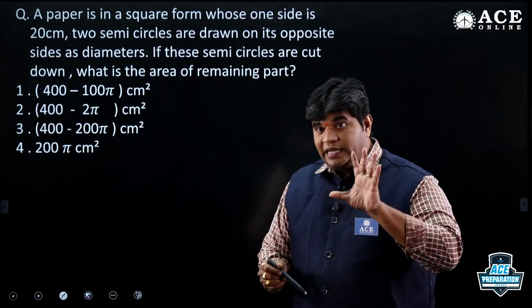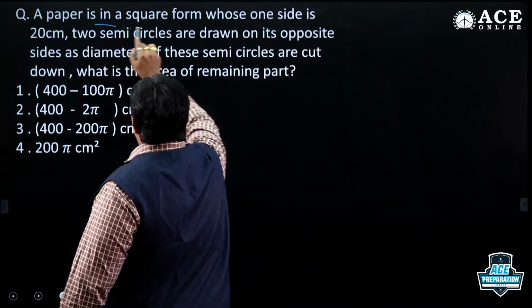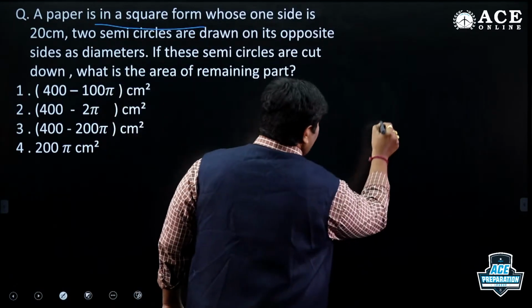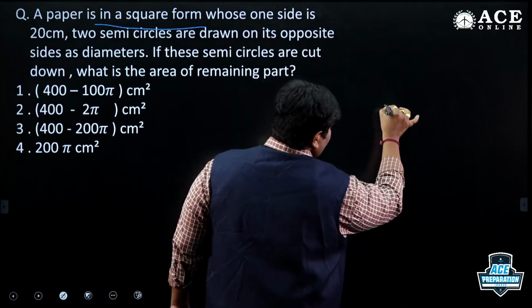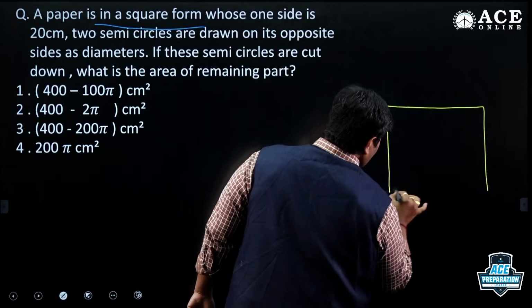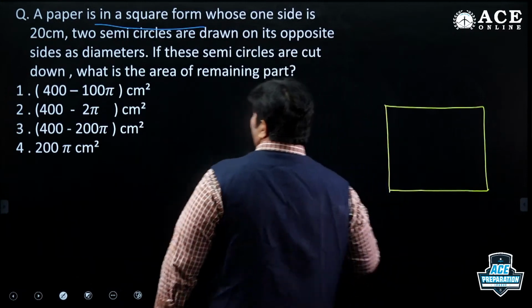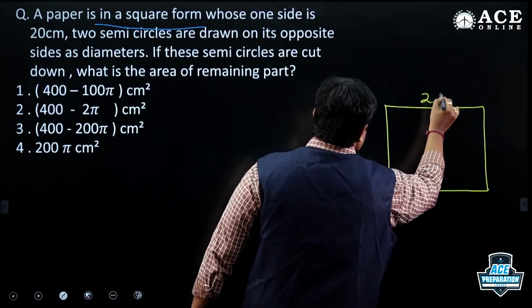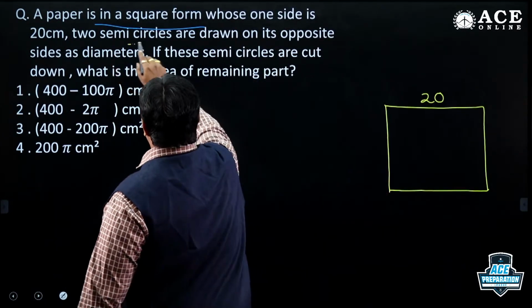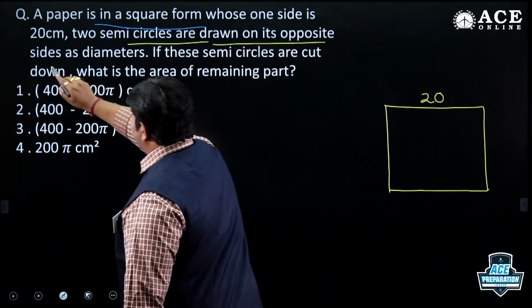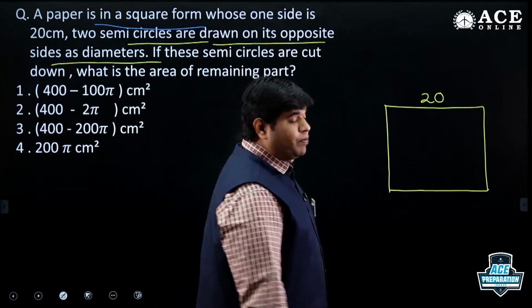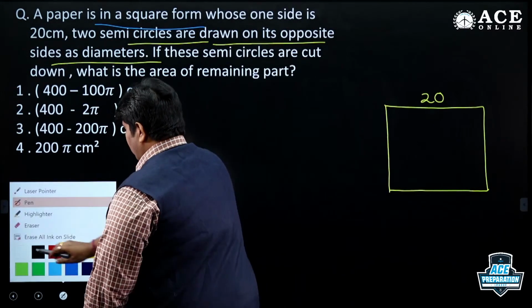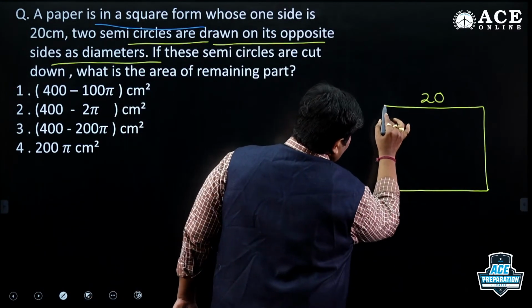Okay, friends, observe clearly. A paper is in a square format. This is 20 centimeter. Two semicircles are drawn on its opposite sides as a diameter.